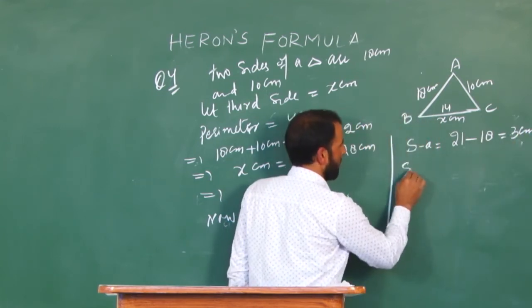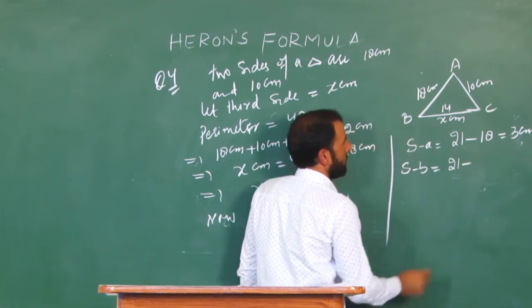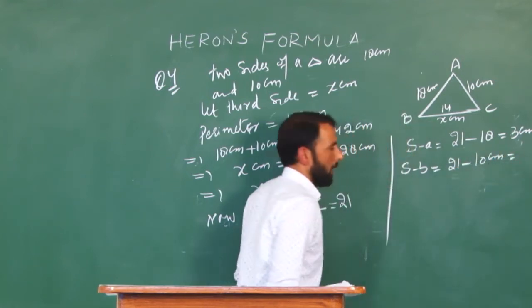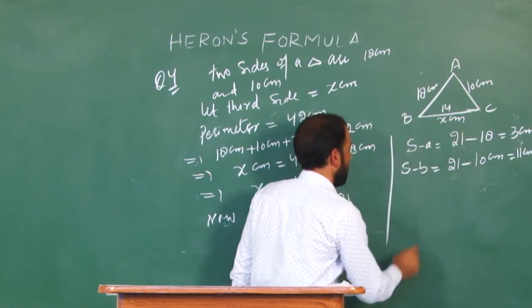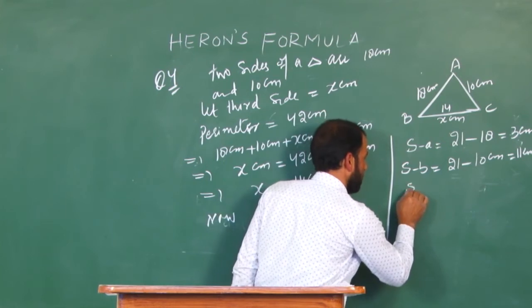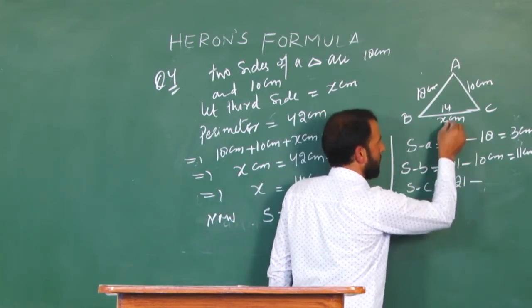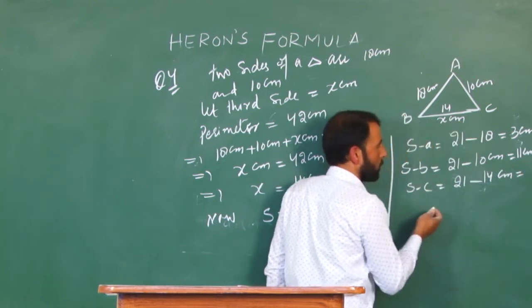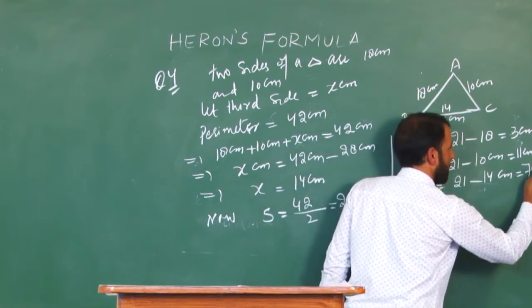Then S minus B is equal to 21 minus the second side, that is 10 centimeter. So 21 minus 10 is 11 centimeter, S minus B. Then S minus C is equal to 21 minus C. C is the third side, that is 14 centimeter. That equals 21 centimeter minus 14 centimeter, which is 7 centimeter.